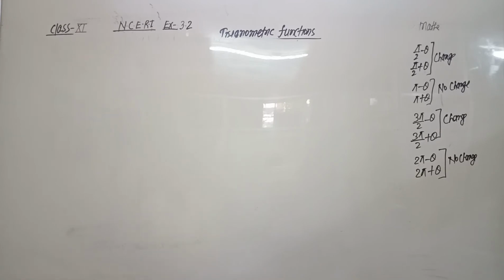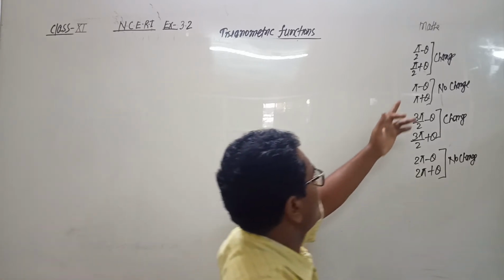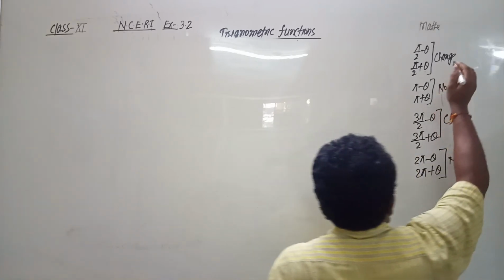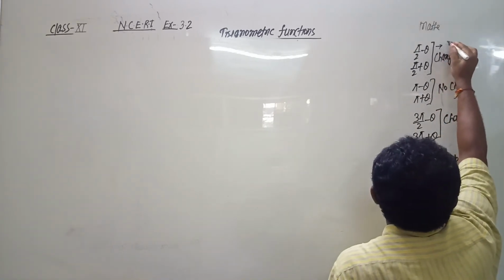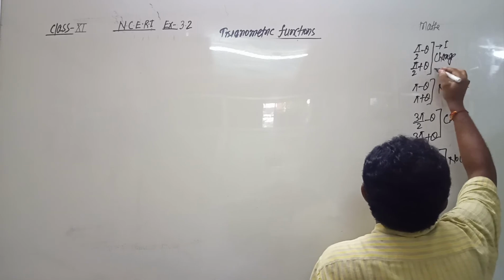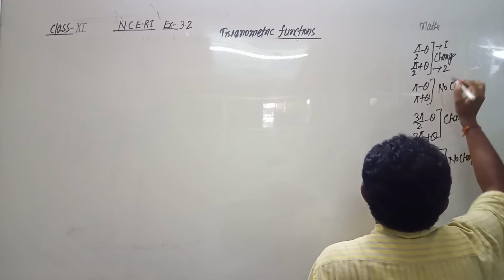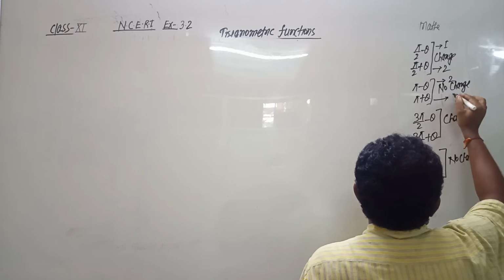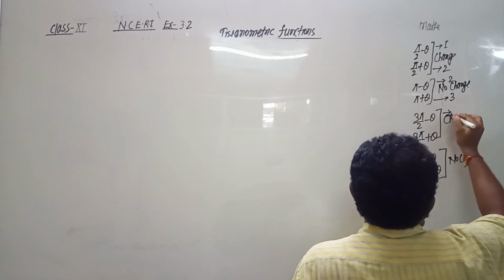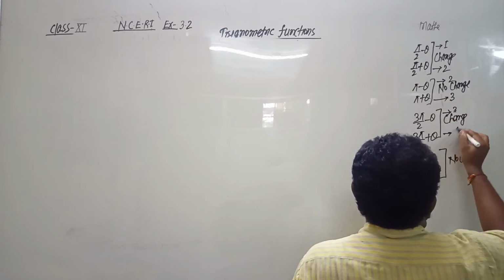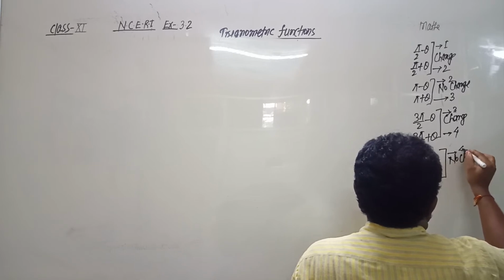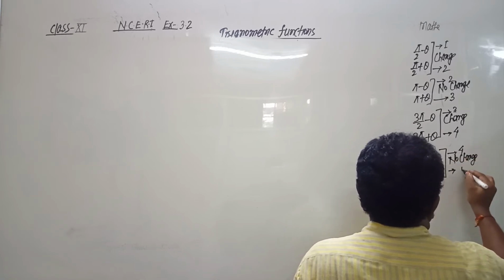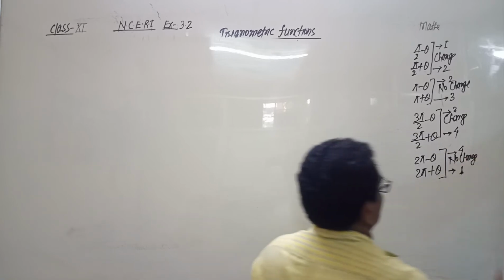And also we know that pi by 2 minus theta is the first quadrant, pi by 2 plus theta is the second quadrant, pi minus theta is the second quadrant, pi plus theta is the third quadrant, and the fourth quadrant behaves as the first quadrant.